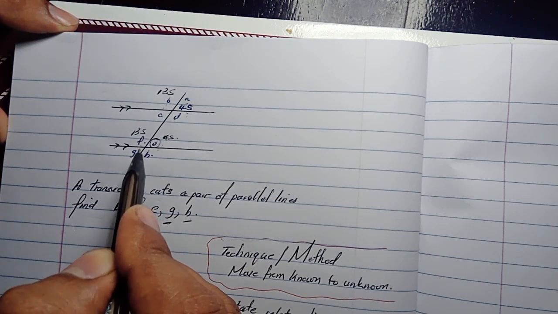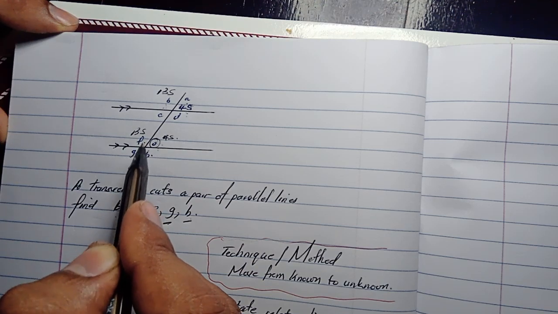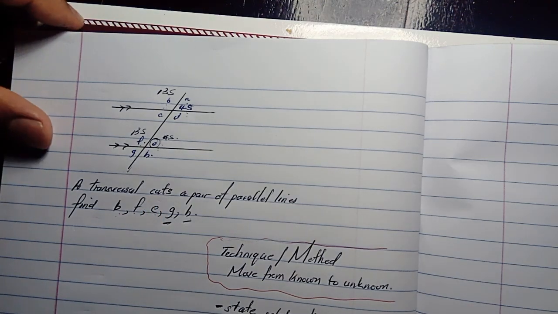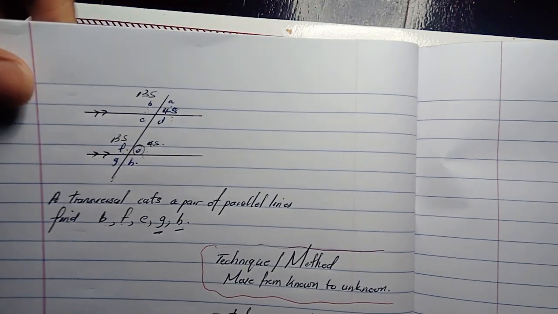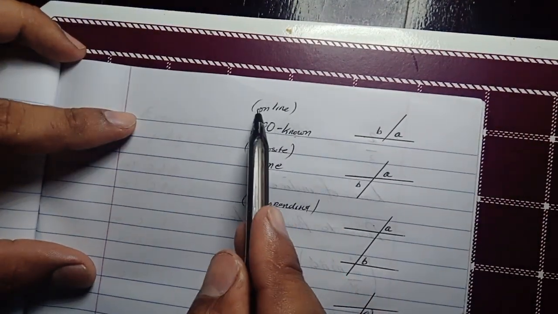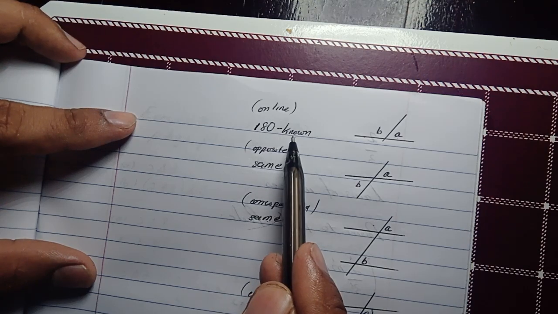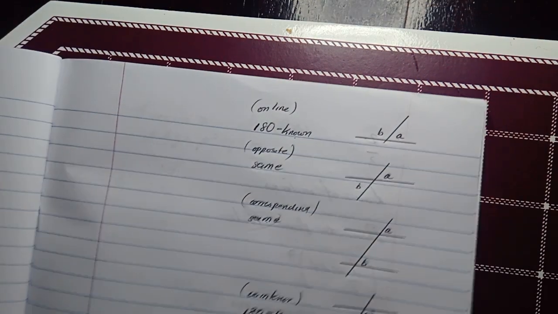G is right here, and they're all on a line. So angles on a line. On a line, you subtract the known from 180. So let's do that.